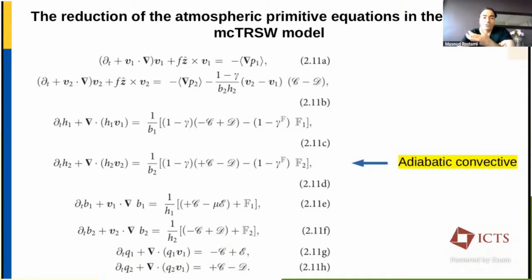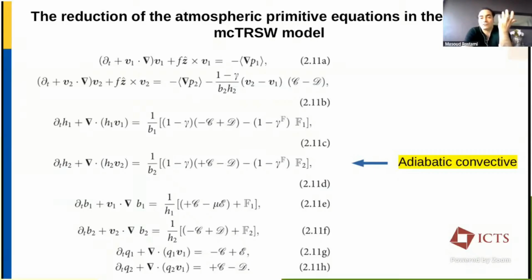If you look, for example, at H1, which is the mass equation in the lower layer, or if you consider in the simplified case just a simple one-layer shallow water system, C, or condensation, acts with a minus coefficient. So it means that it acts as a sink of mass.